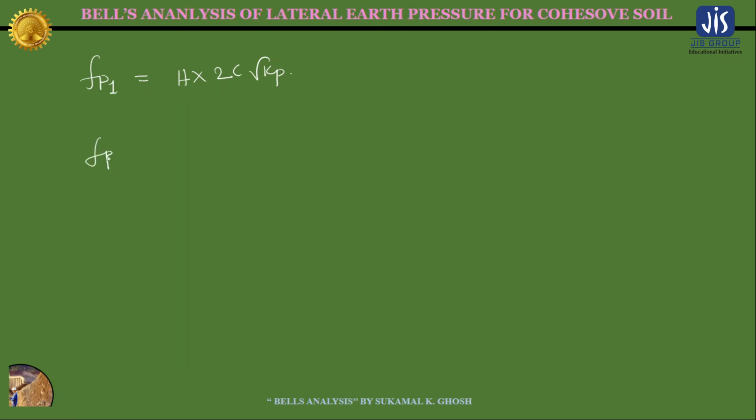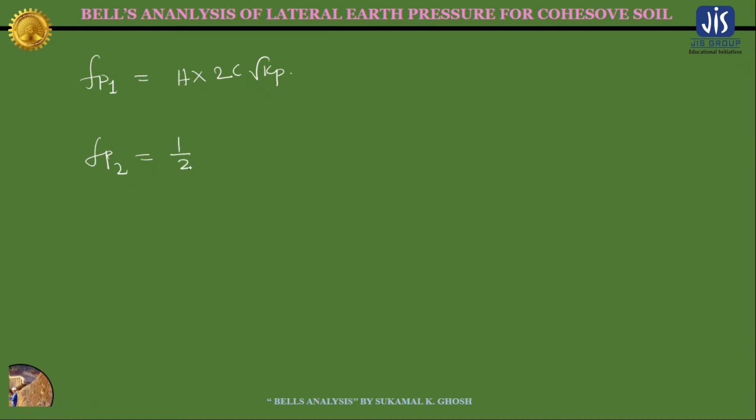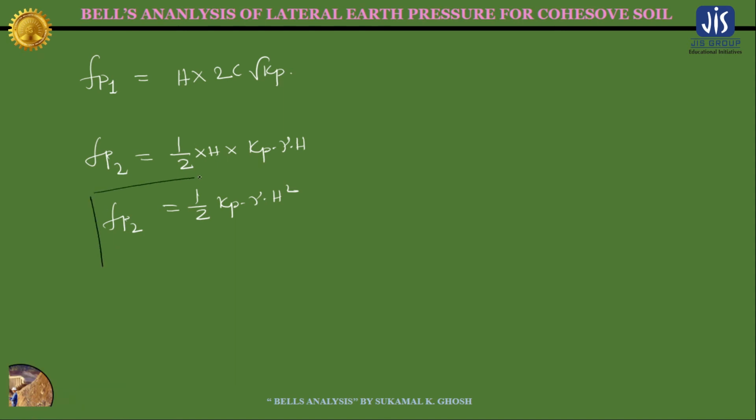And the Fp2 will be the area of this triangular pressure distribution diagram. So the base width is Kp into gamma into H and the height is h. So this will be half into h into Kp into gamma into h. So if you simplify it, you will have half into Kp into gamma into h square. So this is Fp2, and this is Fp1.